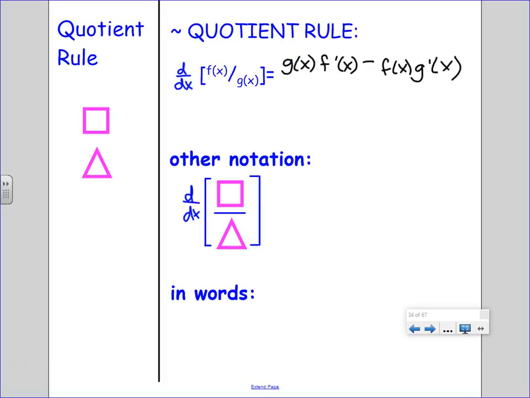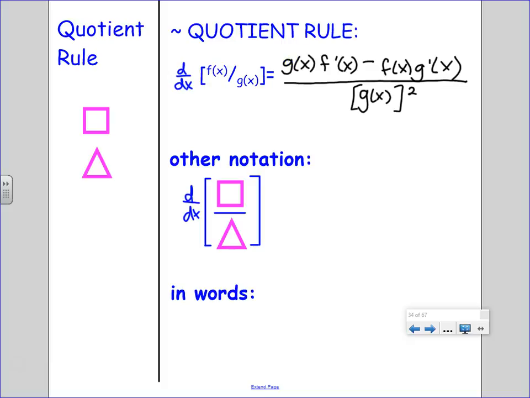It's a minus, not a plus. Product, multiplying. Multiplying usually makes it bigger, so plus. Quotient, dividing. Dividing makes it smaller, so minus. They're so similar, but the quotient rule has a minus, and this is the poor little guy that usually gets lost. Either the minus gets lost or the poor little denominator gets lost.